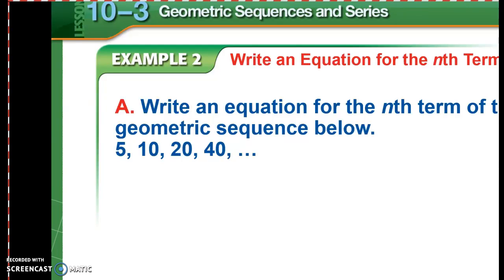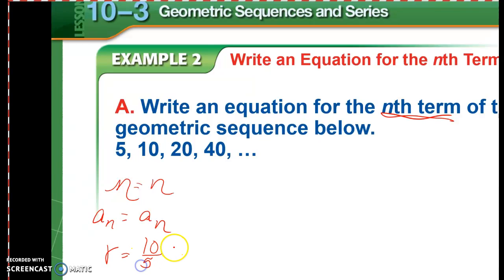So we have that equation for someone to find any term in the sequence. We don't know n, because that's going to continue to be n, because we're looking for the nth term. And a sub n is just a sub n there. So our r is 10 divided by 5. Remember, we find our ratio by taking the second term divided by the term in front.